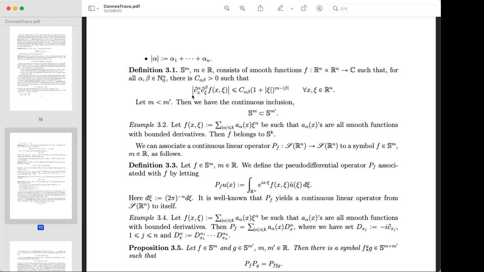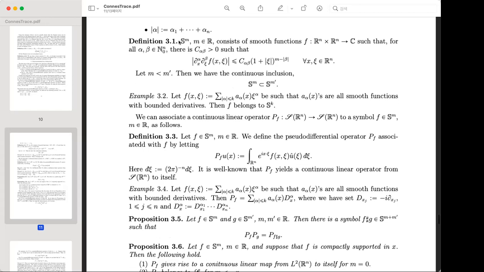That's the meaning of this function space, and we can equip it with an appropriate topology. Well, it's a matter of functional analysis.